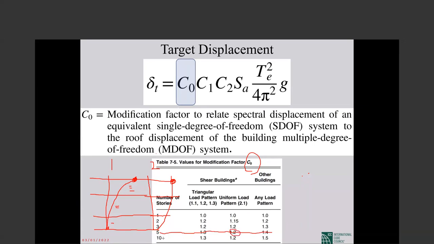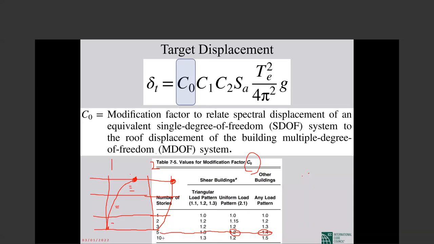So the target displacement will be multiplied by 1.2, 20% more. But for bending type buildings, type 1, where top displacement is more, it is 1.4, 40% more.